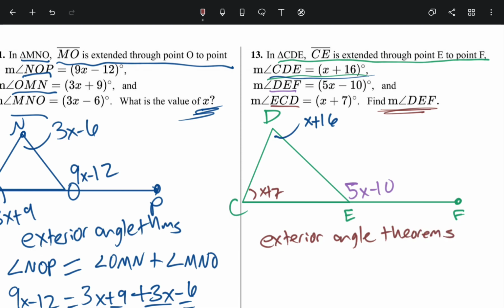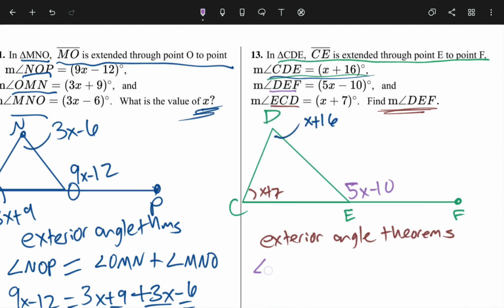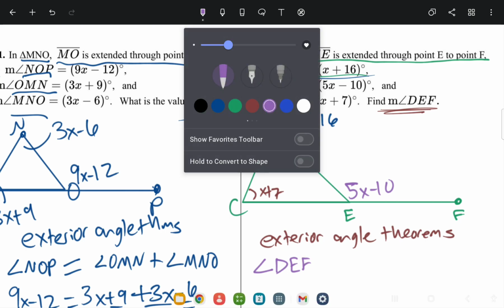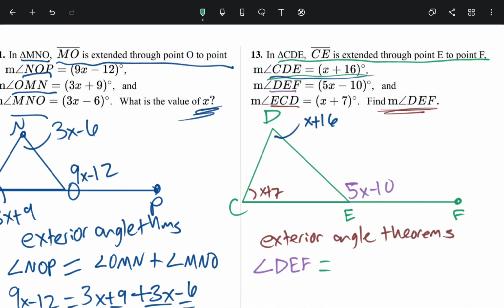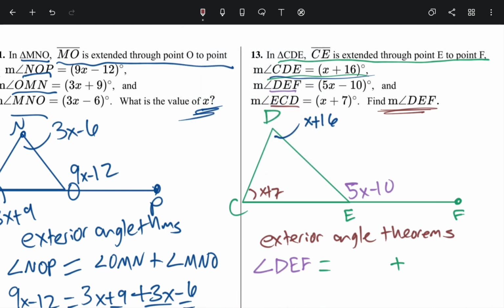So we know because of that we can say angle DEF, the exterior angle, is equal to the sum of ECD, x plus 7, plus CDE, which is x plus 16.